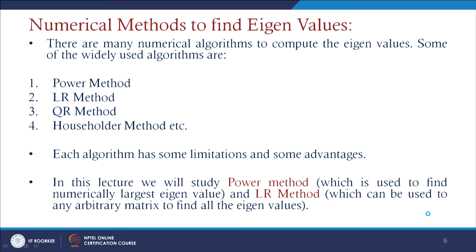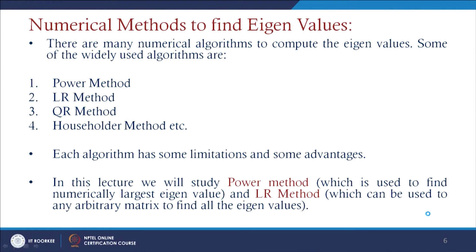In this lecture we will go for the power method and LR method, which are used to find the eigenvalues. The first method, the power method, is used for the largest eigenvalue of a matrix A, or we can say the smallest value of matrix A inverse, and the LR method can be applied to any arbitrary matrix to find all the eigenvalues.